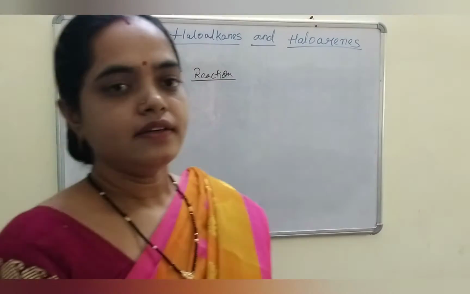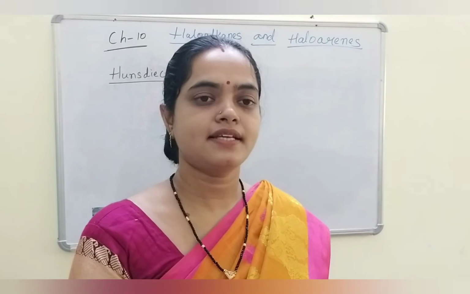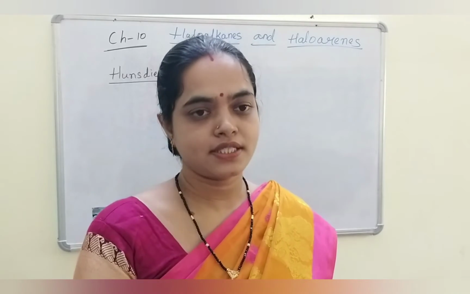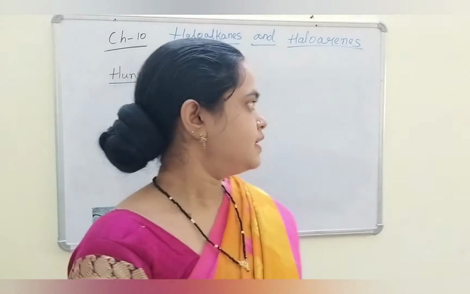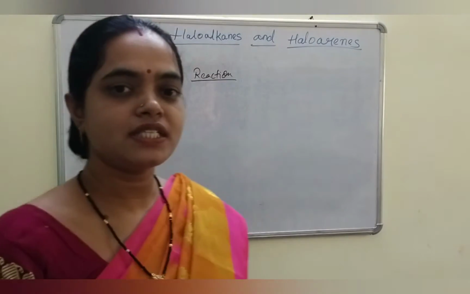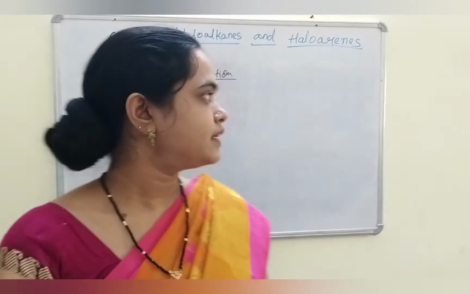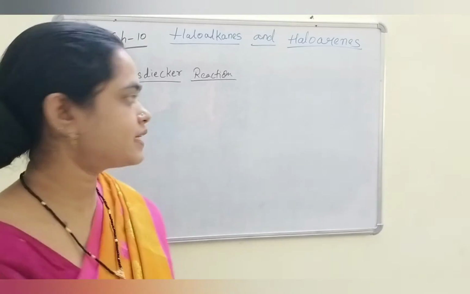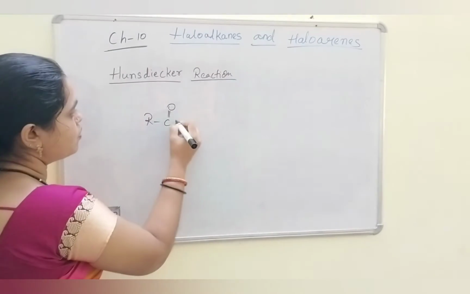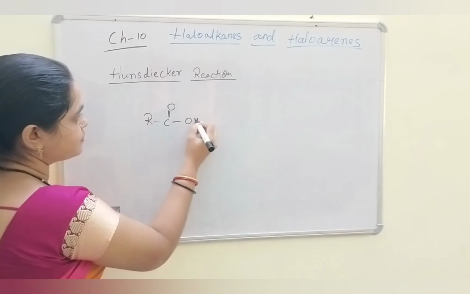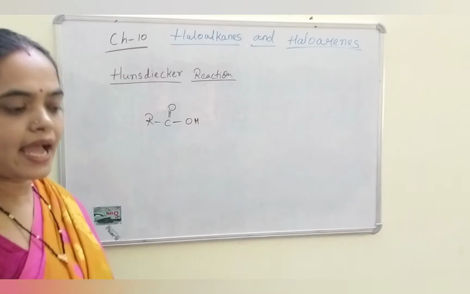The important named reactions in the preparation of alkyl halides are the Hunsdiker reaction, Finkelstein reaction and Schwarz reaction. These three named reactions are very important. Let's begin with the Hunsdiker reaction. See, this is RCOOH, a carboxylic acid.